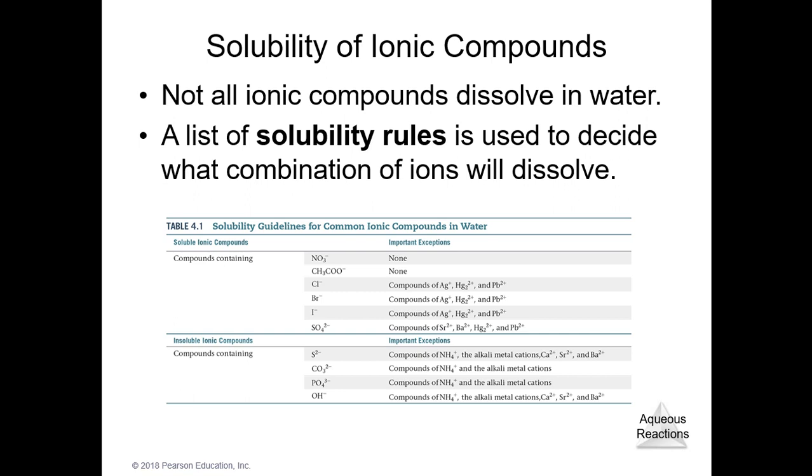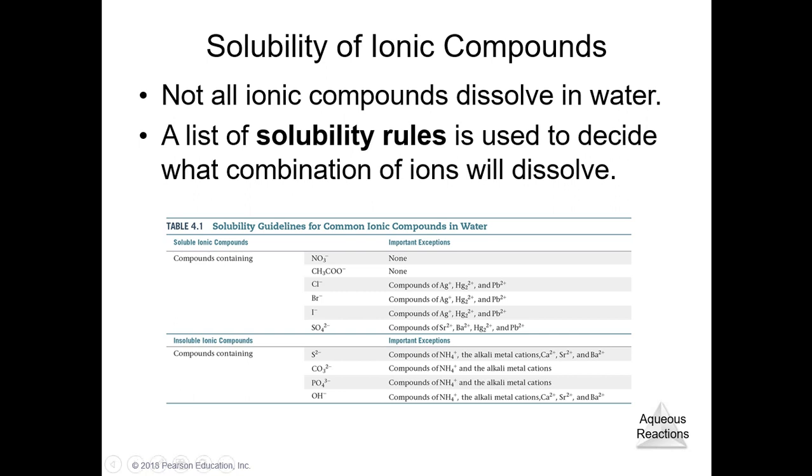If your compound has a group 1 metal, like potassium chloride, lithium chloride, or potassium sulfate, it is completely soluble. Those cations we call always soluble cations.